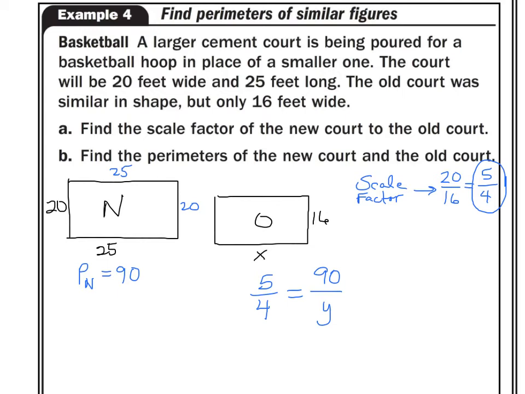Okay, so I really don't even need to find this x value. That's the luxury of understanding that the ratio of the perimeters is the same as the scale factor. So now I can cross multiply, and I end up with 5y equals 360.